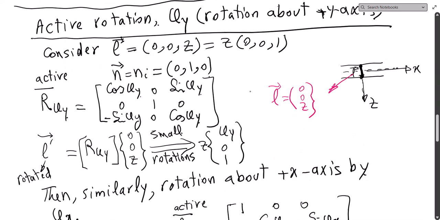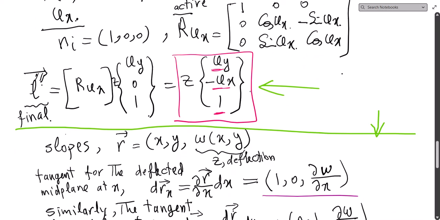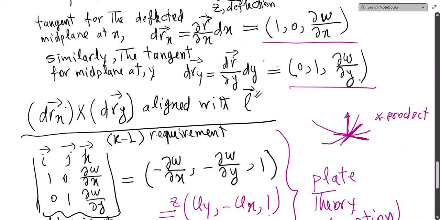In order to do that, we come here and say, okay, these two vectors are the vectors along the tangent. So if I find the cross product of these vectors, it will be a vector perpendicular to the midplane at that location. And exactly this is what I want.